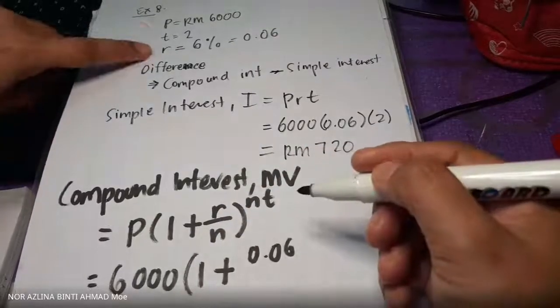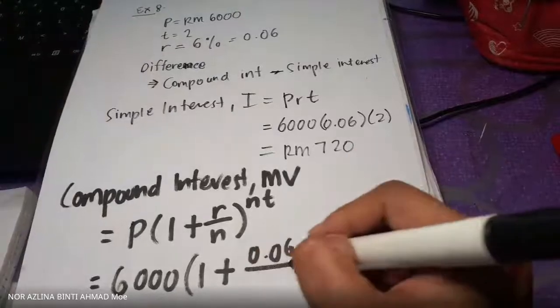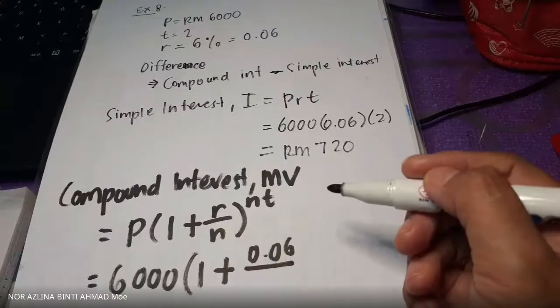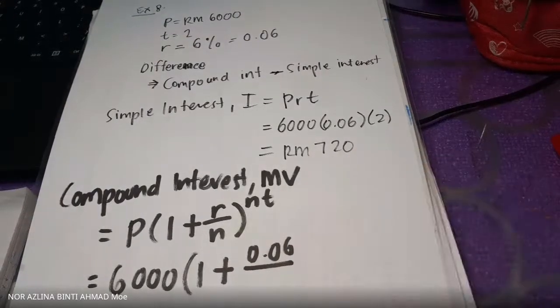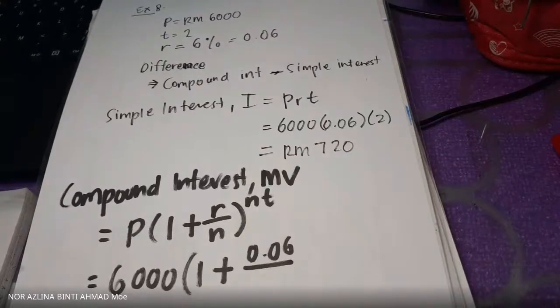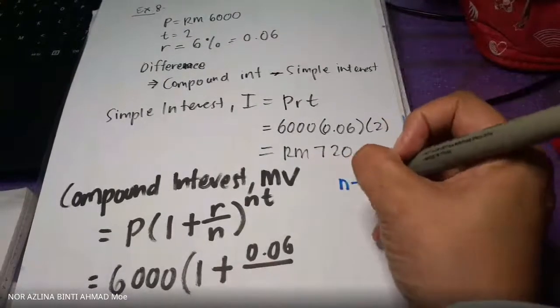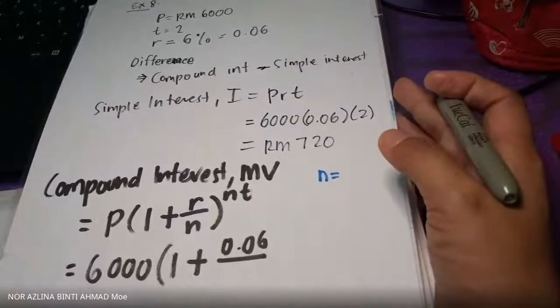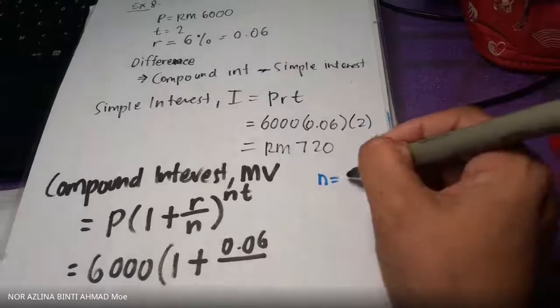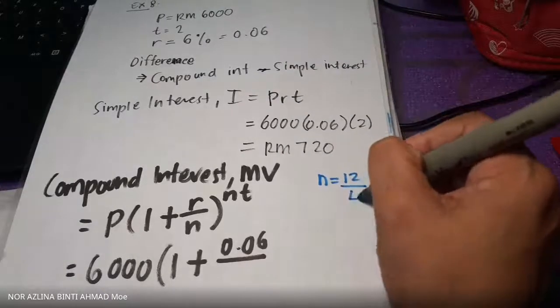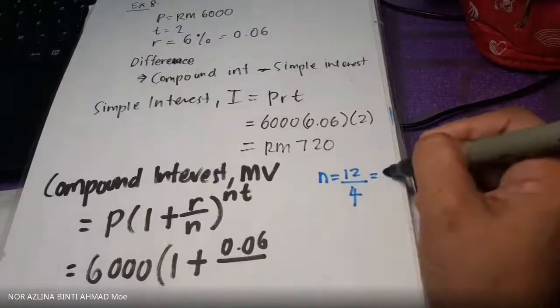This is rate over N. What is the value of N? In example 8, it's mentioned that compound once every 4 months. To get N, compound every 4 months, so N equal to 12 divided by 4. So the answer is 3.